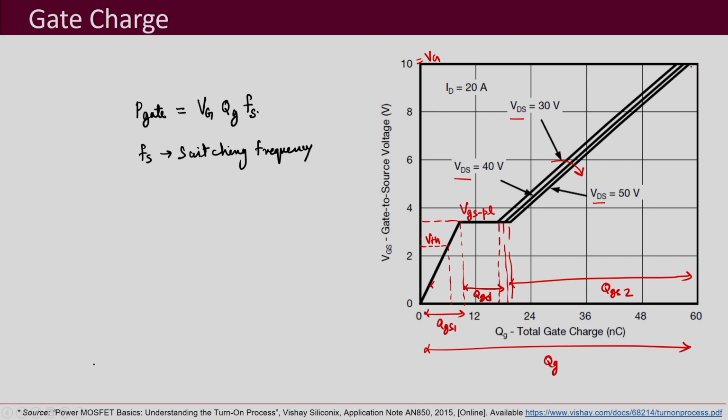So, this P gate gives us the estimate of the power required on the gate emitter or gate source region of the MOSFET or the IGBT. Now, let us look into how we estimate what the gate resistor should be, and what the power level of the driver IC should be.